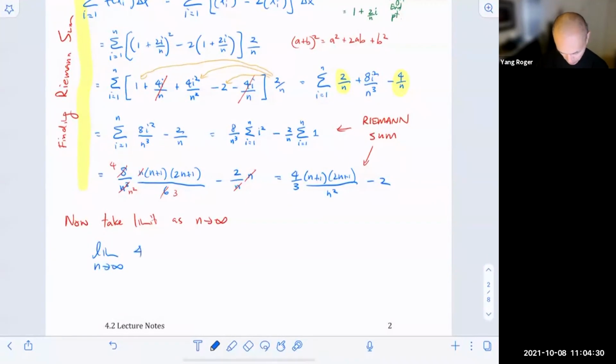That looks like this. Take the limit as n goes to infinity. I'm going to have a 4 over 3. Let me multiply out the top. Top is going to be 2n squared plus, the outside is n, the inside is 2n, n plus 2n is 3n. And then you multiply the last two terms together, you get 1.